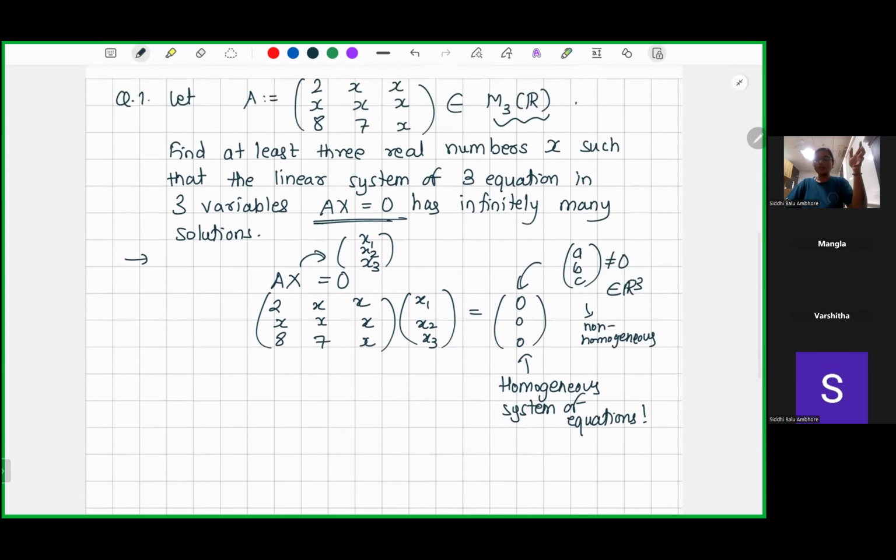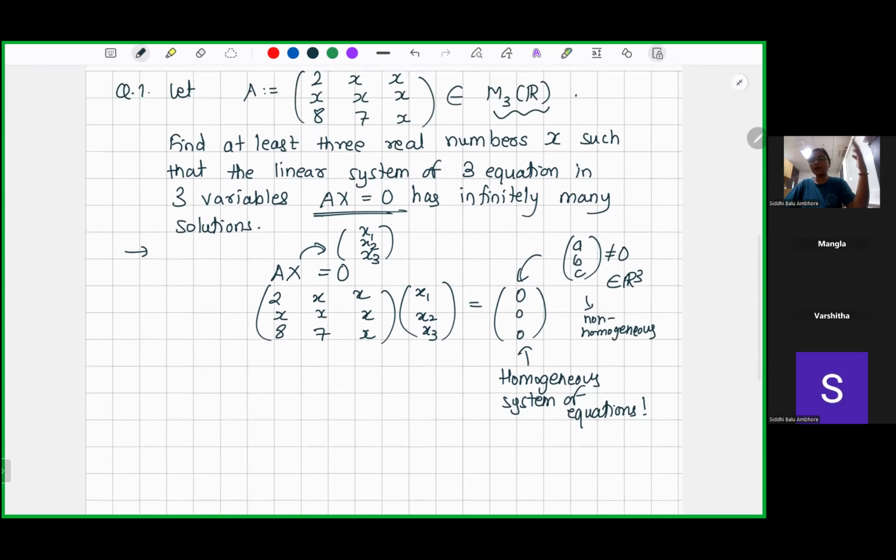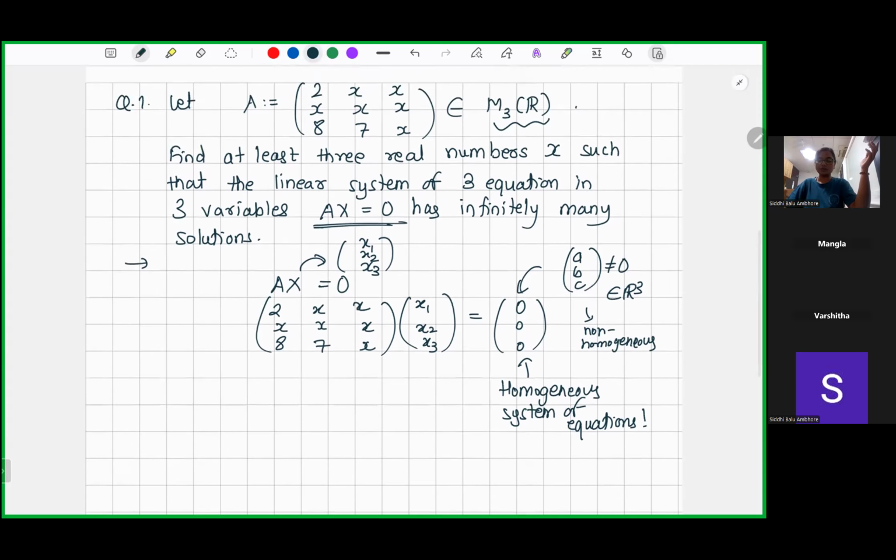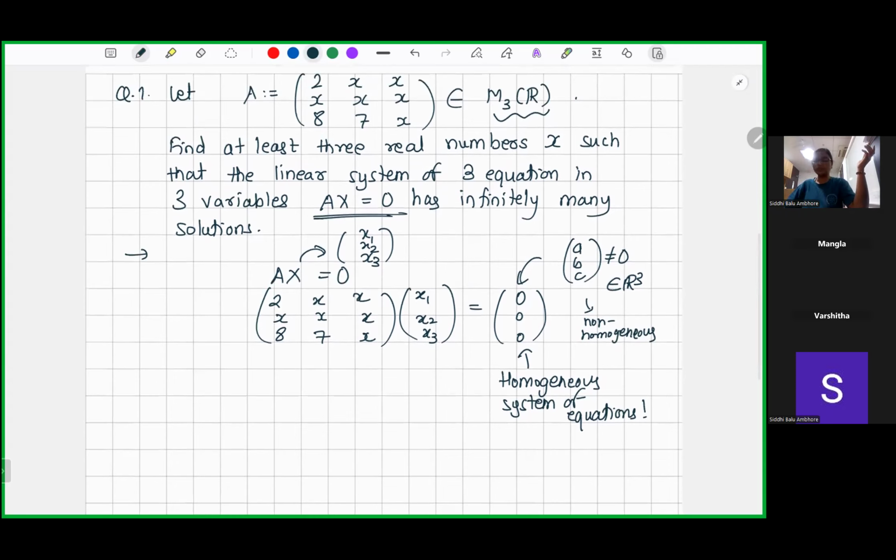So here we have a homogeneous system of equations, and what we have to do is find the value for this x here, all these x simultaneously, such that this system of equations has infinitely many solutions. How will you proceed for that?